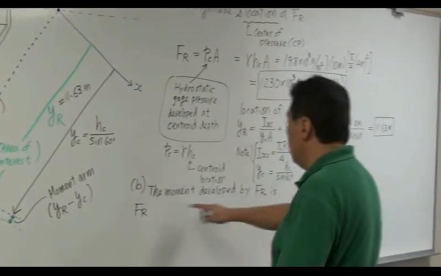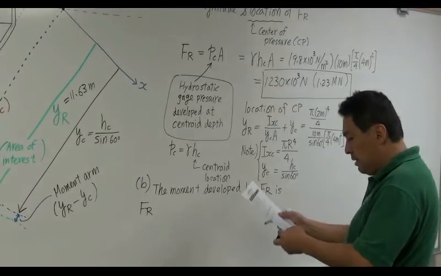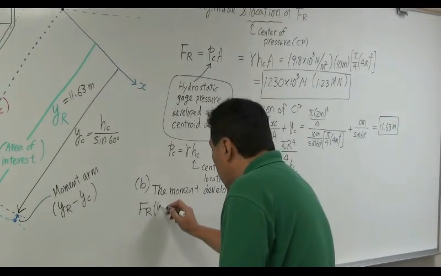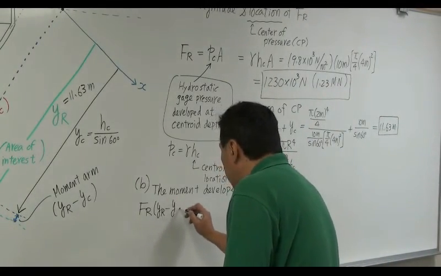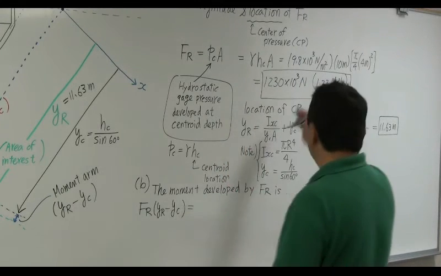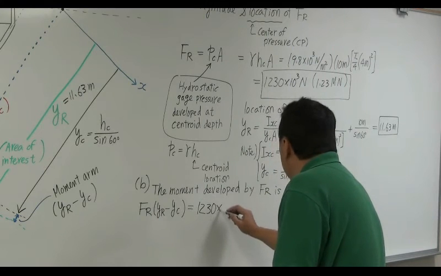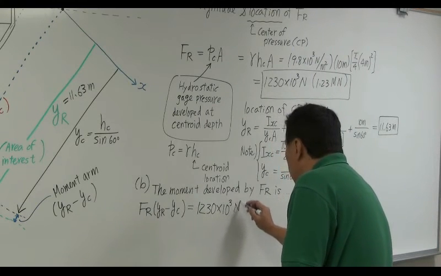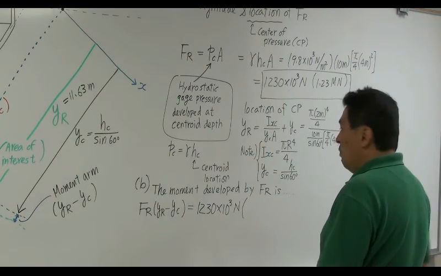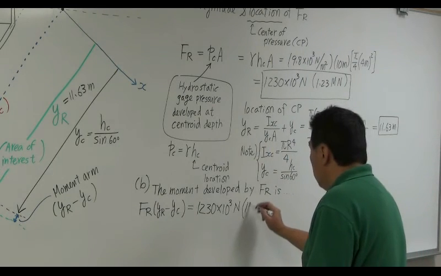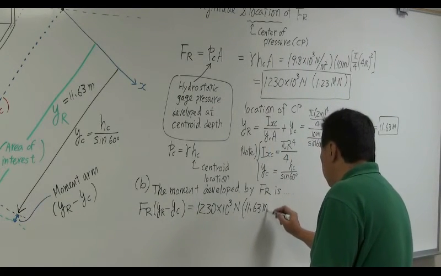So let's first find the moment developed by F1, which is F1 times YR minus YC. The magnitude of F1 is 1230 times 10 to the 3 Newtons. YR we found is 11.63 meters.